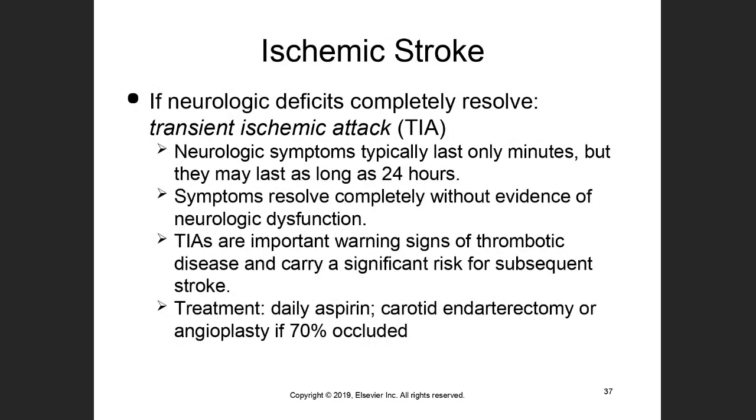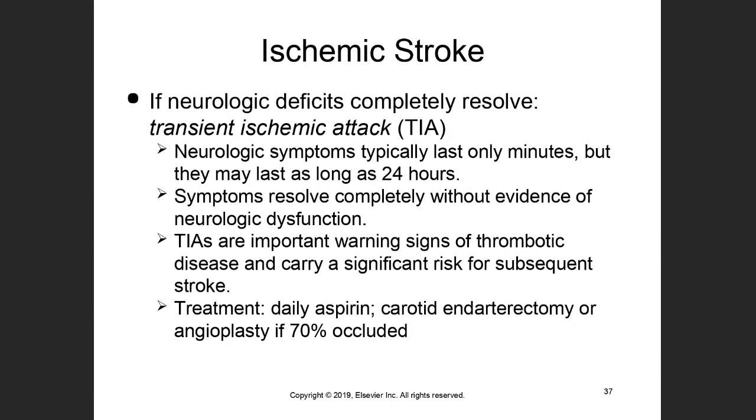Transient ischemic attack. A transient ischemic attack is neurologic symptoms that typically last only minutes, but they may last as long as 24 hours. The real definition for transient ischemic attack is an ischemic attack that resolves in the first 24 hours. Most of the time those patients recover in the first hour.